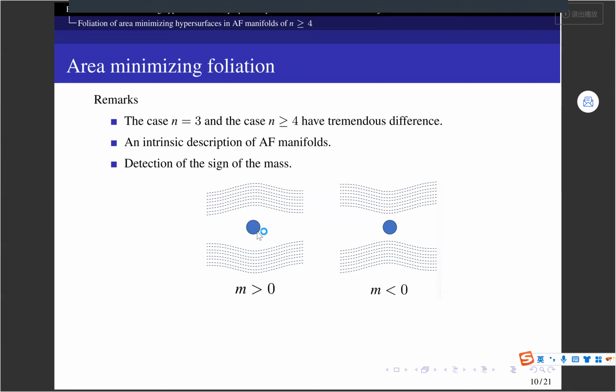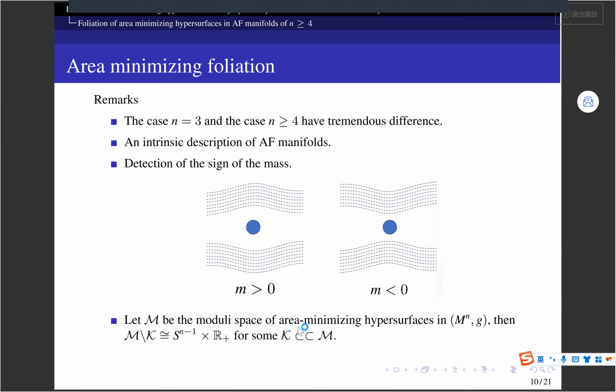Because you may think of the standard Schwarzschild metric. If the metric is Schwarzschild, then it is relatively small outside, and the metric is larger inside. So if you want it to have less area, the foliation may be convex, and the same thing holds for the negative mass case.